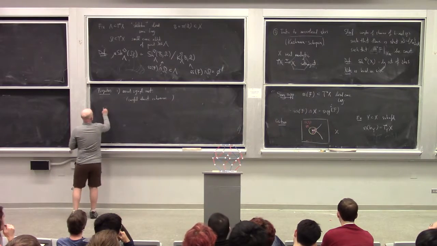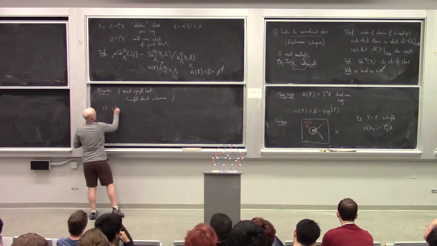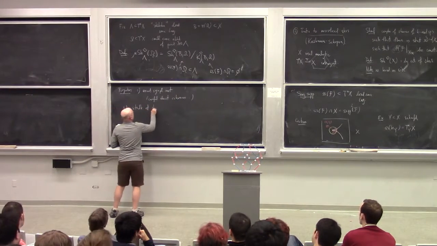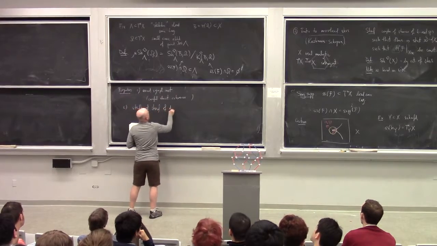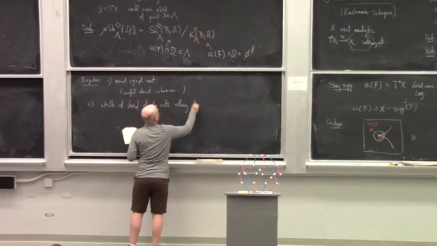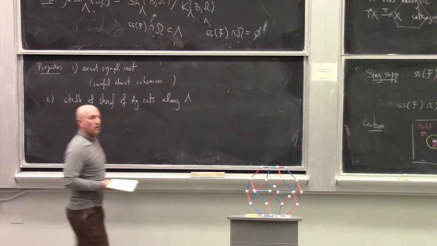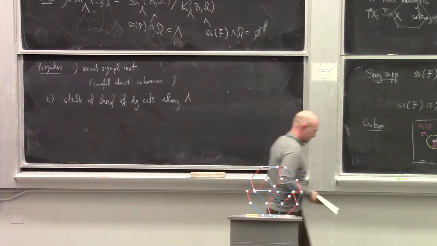The second property is that it's the stalk of a sheaf of DG categories along Lambda. Just so I understand, by property 1 you mean something like contact isotopy acts?